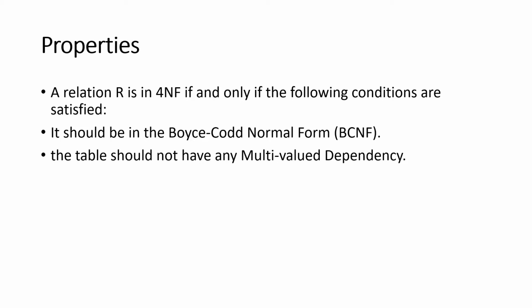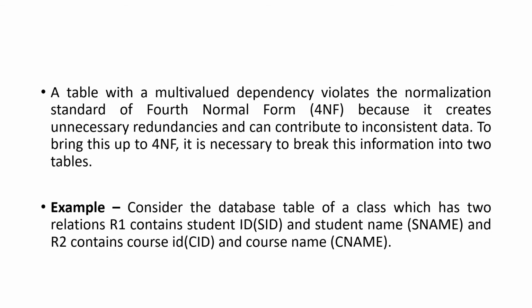The properties of fourth normal form: a relation R is in fourth normal form if and only if the following conditions are satisfied. It should be in Boyce-Codd normal form, BCNF. The table should not have any multi-valued dependency. A table with a multi-valued dependency violates the normalization standard of fourth normal form because it creates unnecessary redundancies and can contribute to inconsistent data.